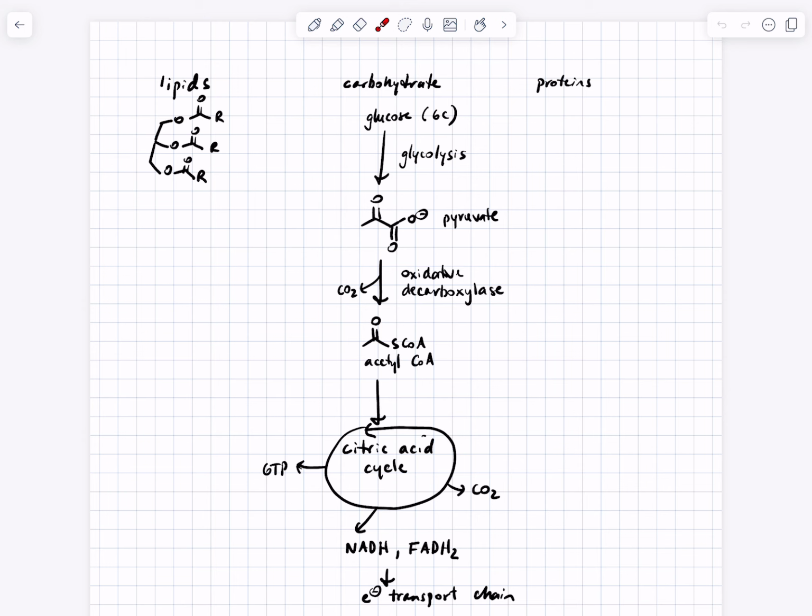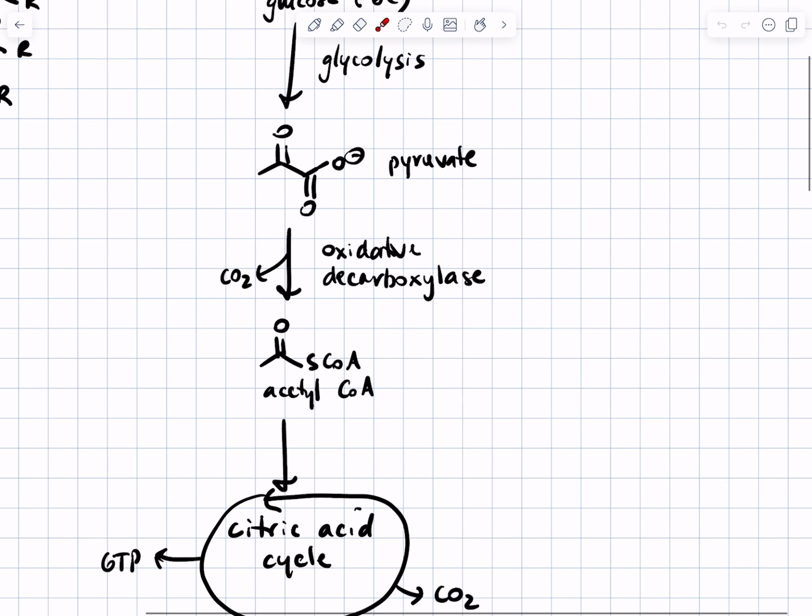We talked about how carbohydrates, through a process called glycolysis, get converted into pyruvate. And we will see that two of the carbons from pyruvate end up in acetyl-CoA, and one of the carbons from pyruvate ends up as CO2.